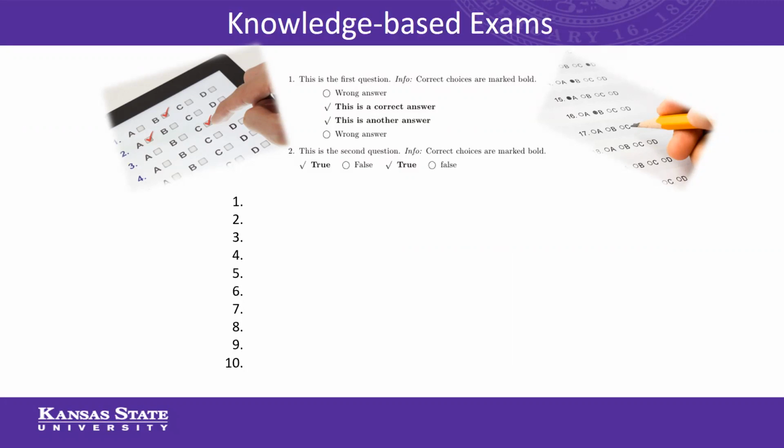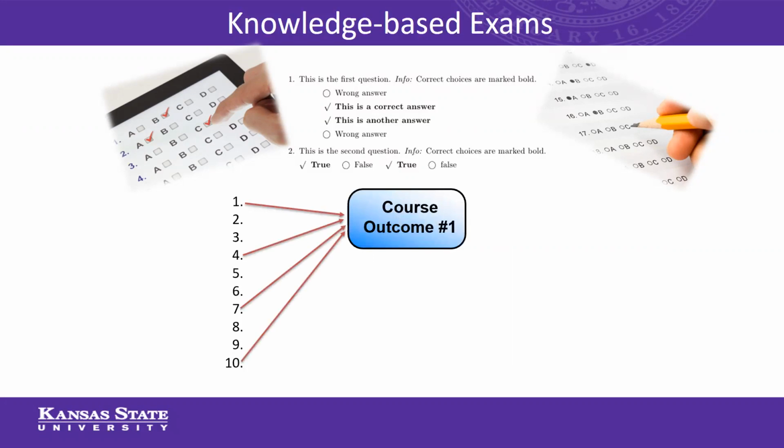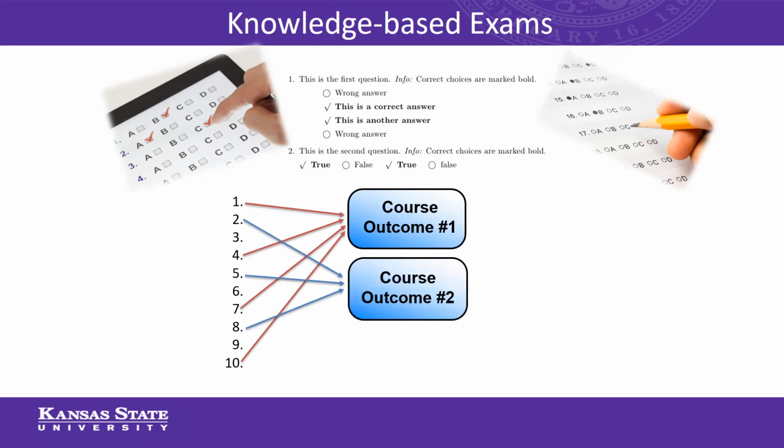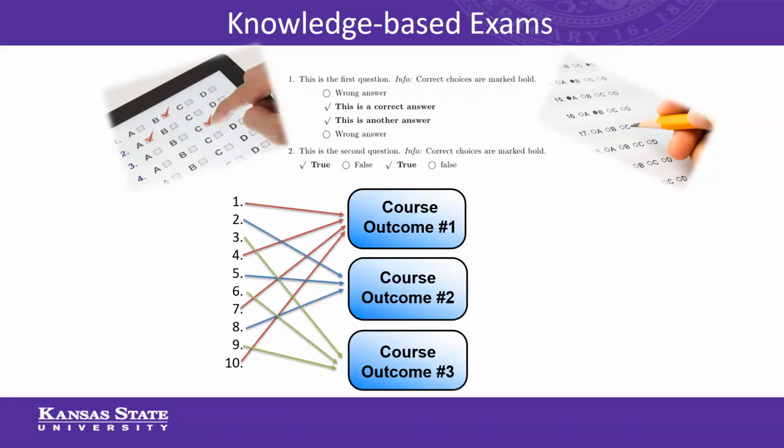But in outcomes assessment, we want to know the specific questions that fit with a particular outcome. So what we would do is identify which questions align with one particular outcome, which questions align with another outcome, and let's say a third outcome, and then be able to disaggregate the specific achievement on specific questions per outcome.